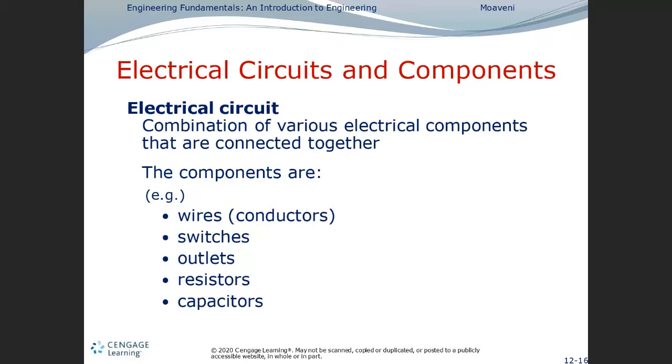So you have an electrical circuit, which brings us to some problems. An electrical circuit is just a combination of various electrical components that are connected together, right? You have your wires, your switches, your outlets, resistors, capacitors, transistors, and in some cases a power supply.